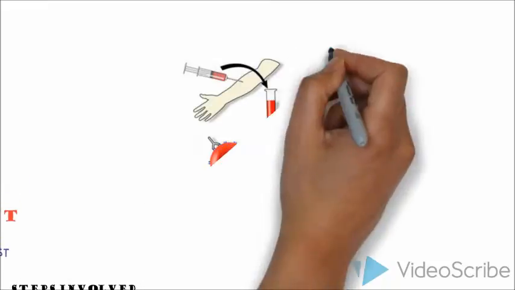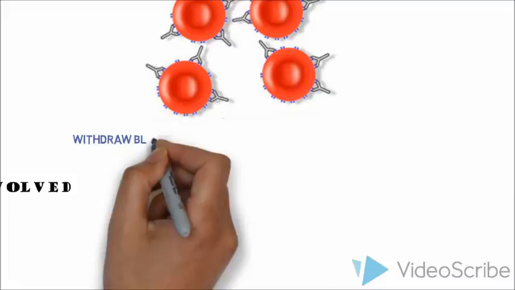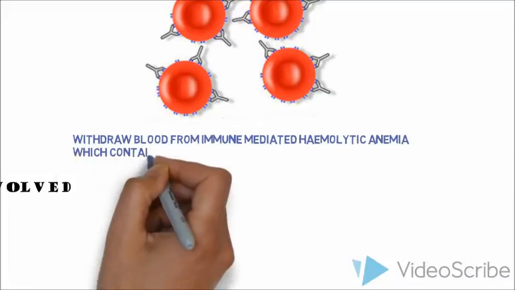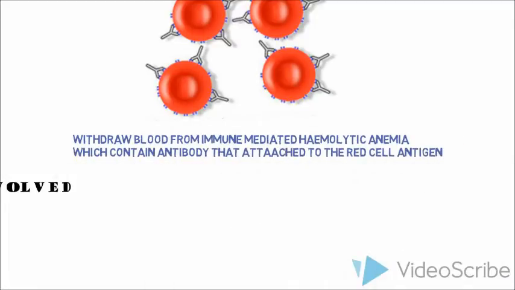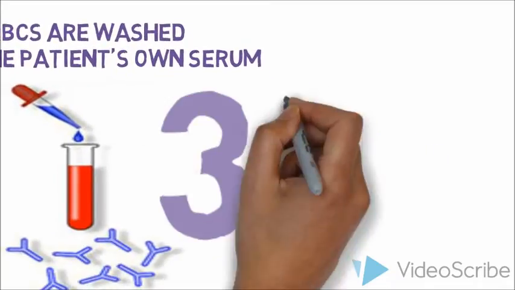The steps involved: first, a blood sample is obtained from a patient with immune-mediated hemolytic anemia, and we wash it 3 times with normal saline.